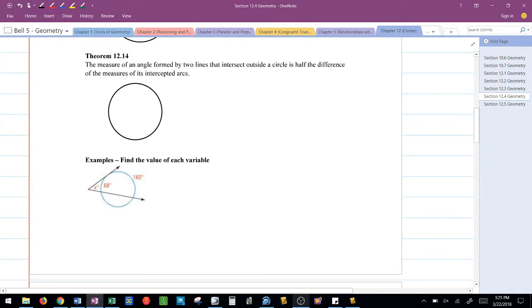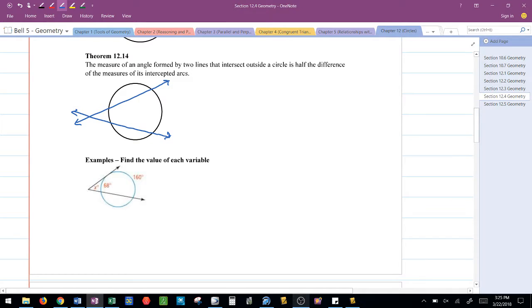Okay? The next theorem says, what if you have an angle formed by two lines that intersect outside the circle? All right? So let's look at two lines. Let's say that we have this line right here, which would be a secant. And let's say that you have this line right here, which would be another secant.